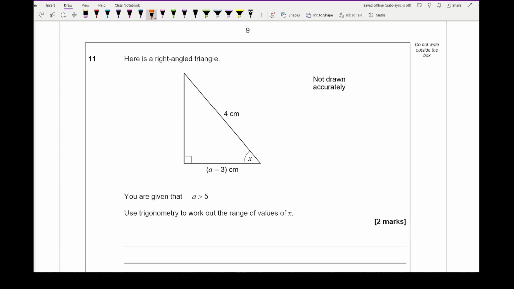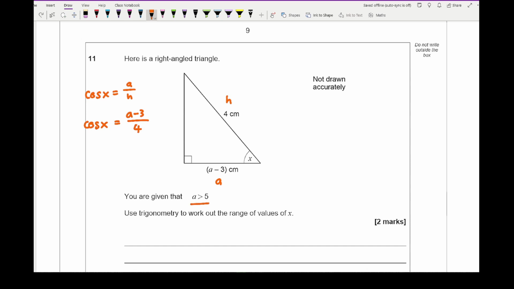The first thing I need to do is select which trig ratio I'm going to use. Here we've got h and we've got a, so I'm going to be using cos x, which is a over h. If I substitute those numbers in, I get cos x equals a minus 3 divided by 4.